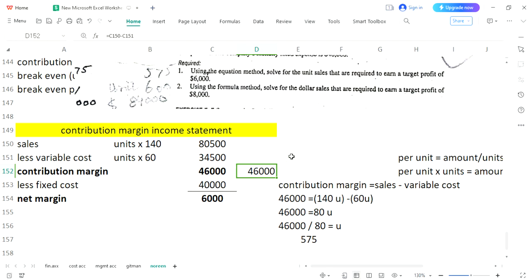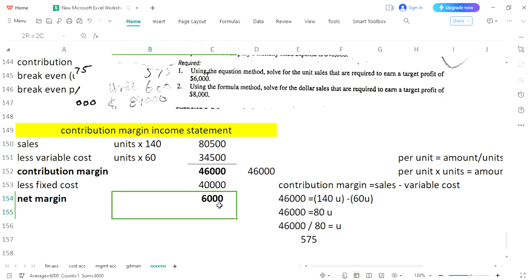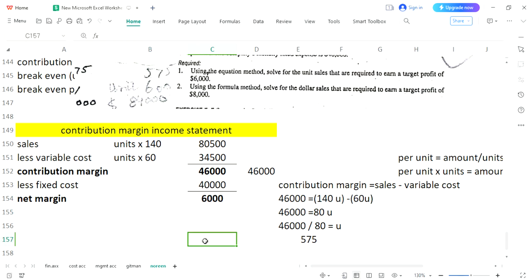This answer we had calculated by reversing our statement, and this is the proof that our answer is correct. So finally, the first requirement has been completed. 575 is the number of units which should be made to get a target profit of 6,000 rupees. Please write it down, and we are now going to solve the second part of the question.